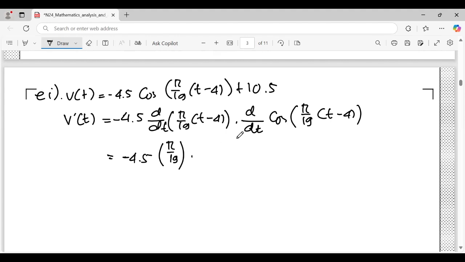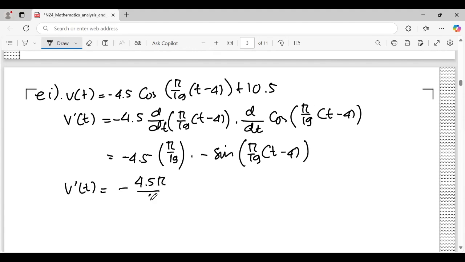Then it is minus sine of pi/19 (t - 4). So the derivative is -4.5 pi/19 sin(pi/19 (t - 4)).